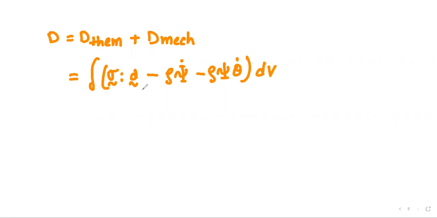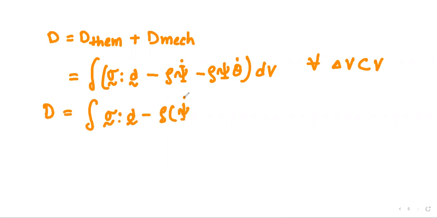This expression is true for all small volumes delta V that belong to V. This expression is sigma contracted with D minus rho psi dot plus, sorry, it is not psi, it is the entropy per unit volume S, so it is S theta dot dV. It has to be greater than or equal to 0.